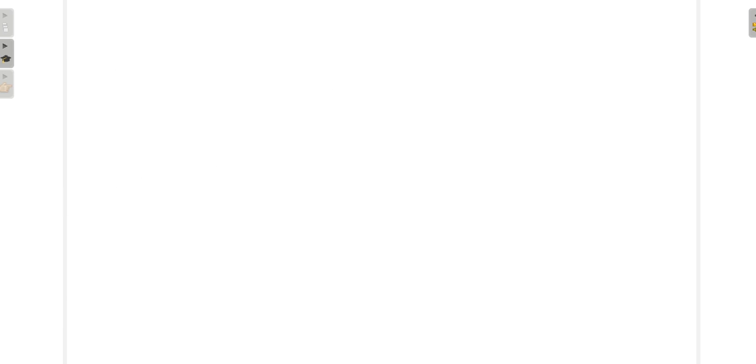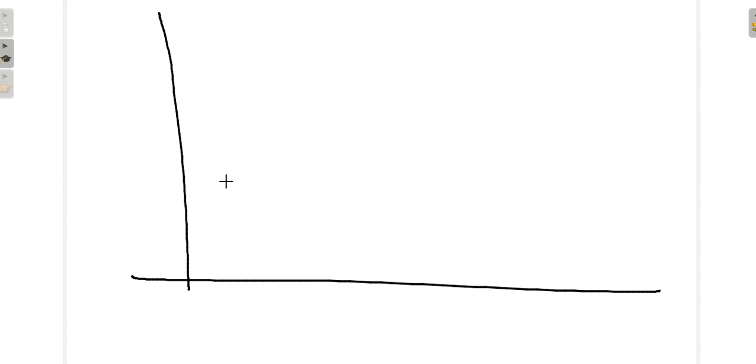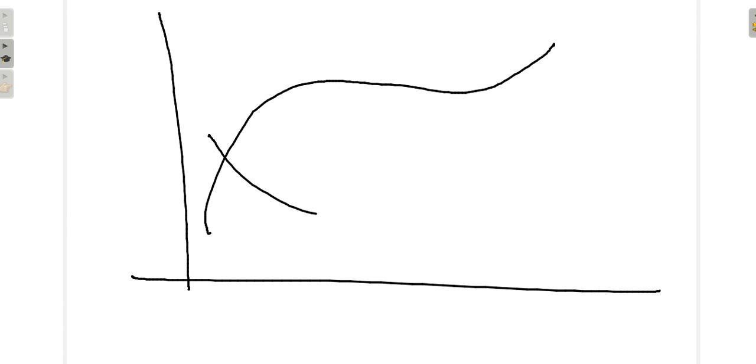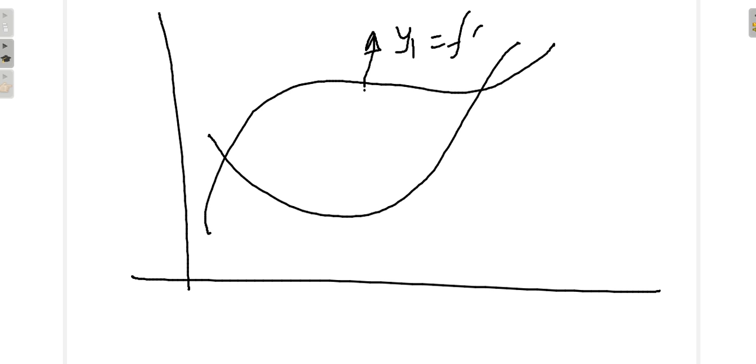Now the third type will be area under two curves. Suppose you are given one curve like this and another curve like this. So this curve represents y1 and the lower curve represents say y2. It can be having any equation.